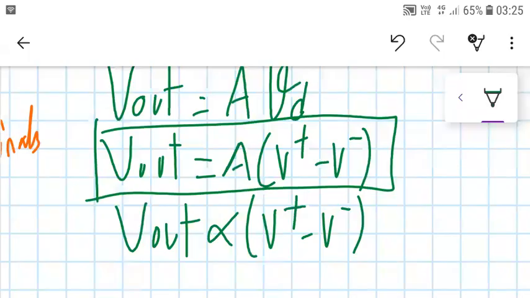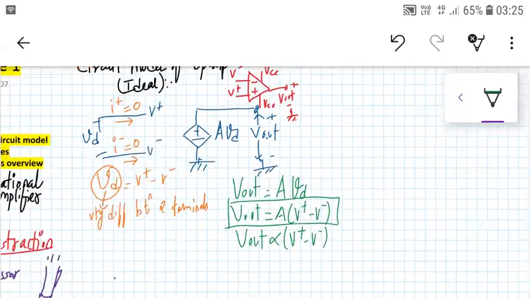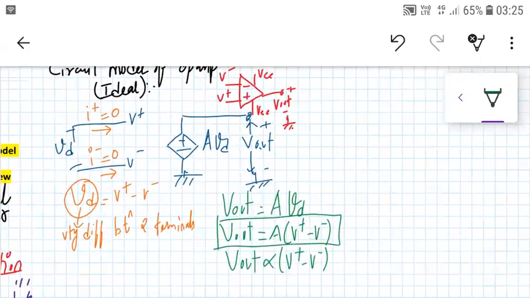Now there are a few ideal Opamp properties which you can make out from this circuit model of Opamp. First is very high input impedance. Second is very low output impedance, that is zero. And life doesn't get anything better than this, because if we have infinite input resistance and zero output resistance, that's the ideal case.